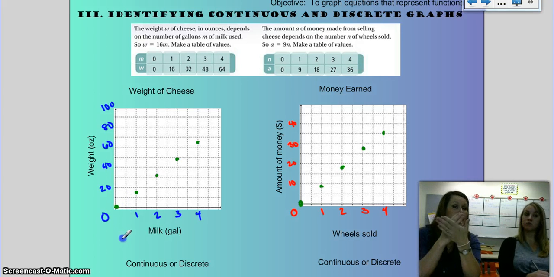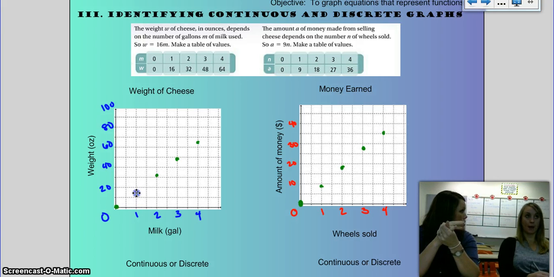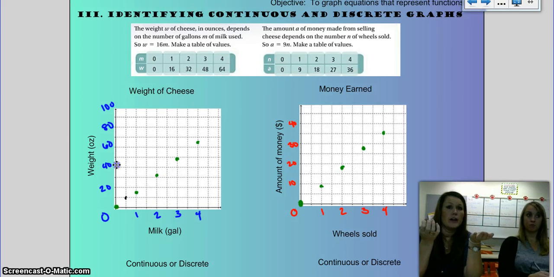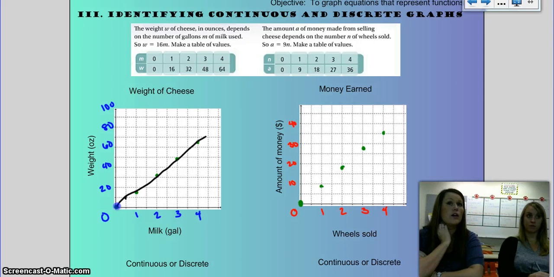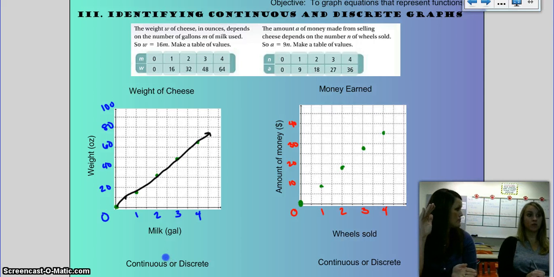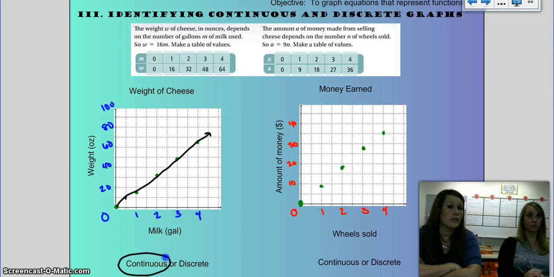Well, okay, so 1 gallon gives me 16 ounces. So I'm assuming that a half of a gallon would give me 8 ounces of cheese, right? And then if I plot that, it would be right there. Yeah. So there are amounts. So you're saying this one would be continuous. Okay. There are values in between each dot. Yep. So that's continuous.